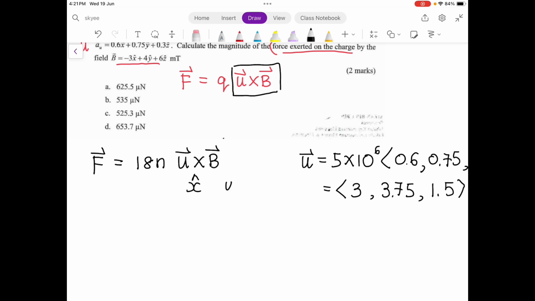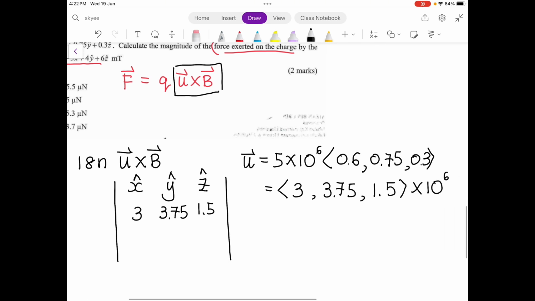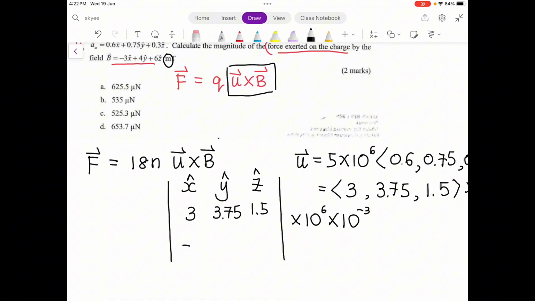You have x, y, and z. Then you put U: 3, 3.75, 1.5, and your B is in milli, so multiply by 10 power 6 and the milli here, 10 power negative 3. Over here I will just put the values, 4 and 6. The 18 nano will remain.